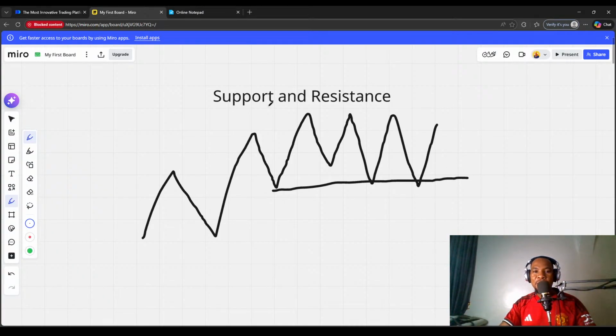That's when you are talking about charts. While the resistance level is a higher level of the chart where price has reversed at least two times. So this level right here is resistance, and this is resistance. Then this is support, and this is support.